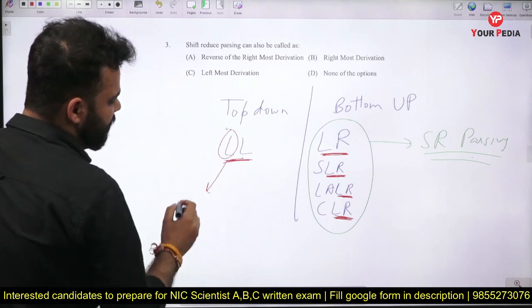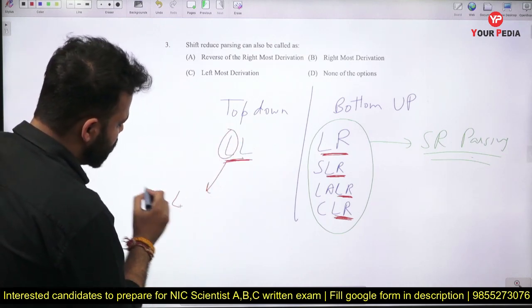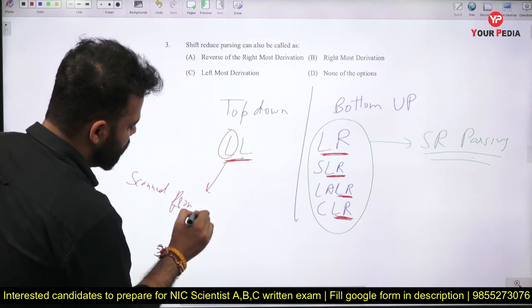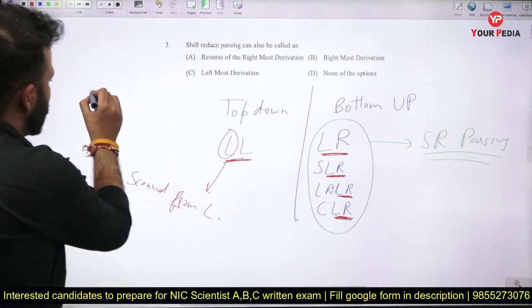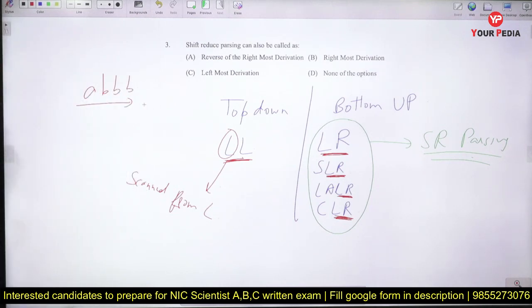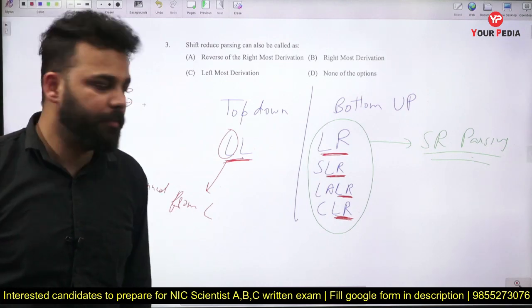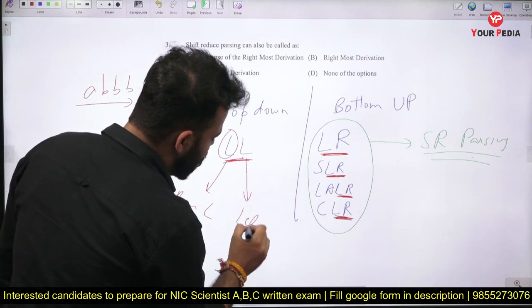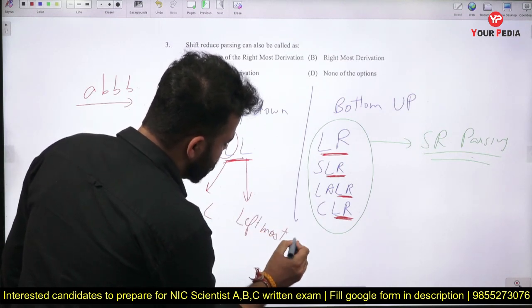the first L is that the input will be scanned from the left. So A, B, B. The input will be scanned from the left. So first you will scan A, then you will scan B. After that, the next L is for leftmost derivation.